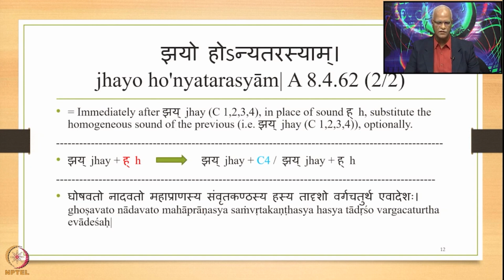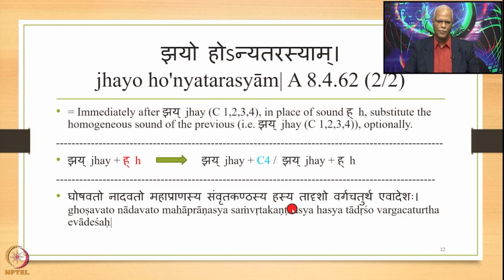If we compare the bahya prayatna of the jhay consonants as well as ha, we find that the only consonant that matches or comes close to the prayatna of ha is the fourth consonant, and that is what is stated in this line quoted here. Ghoshavato nadavato mahapranasya samvrtakanthasya hasya tadrusho varga chaturtha eva adeshaha.